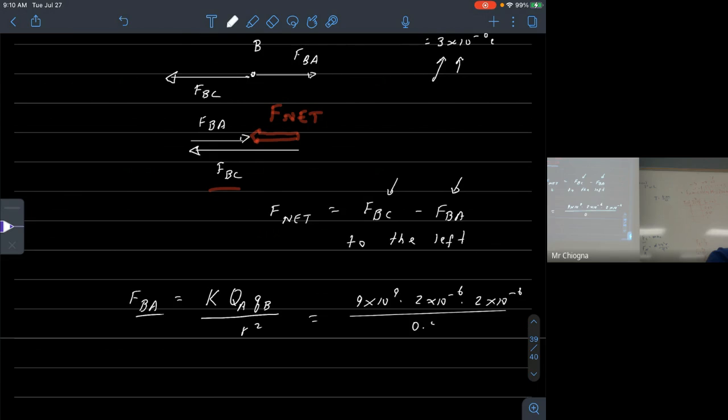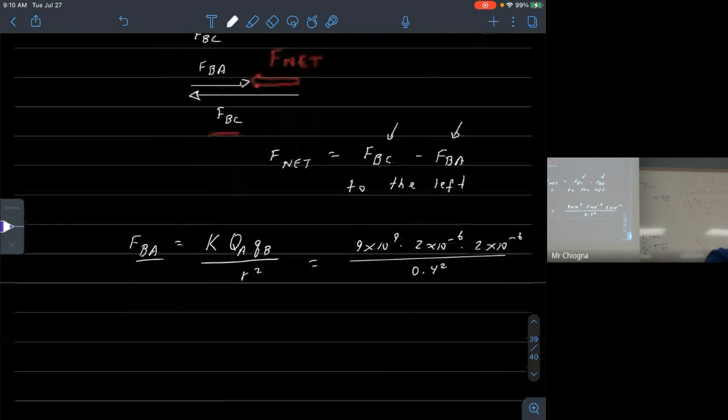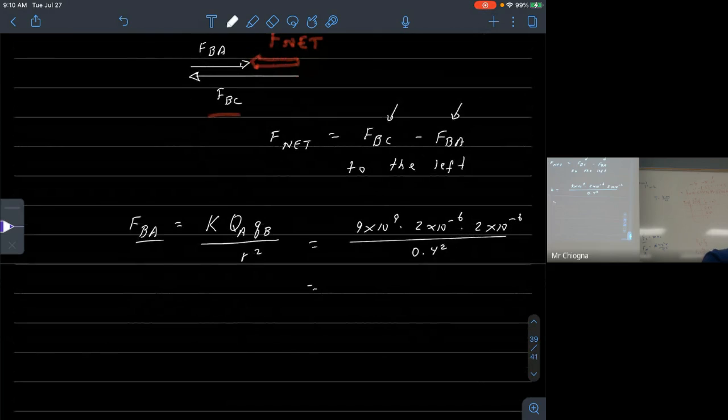Distance is 0.4. Don't forget to square the distance. Okay, that's going to be the smaller force. We expect FBC to be bigger. Should be.